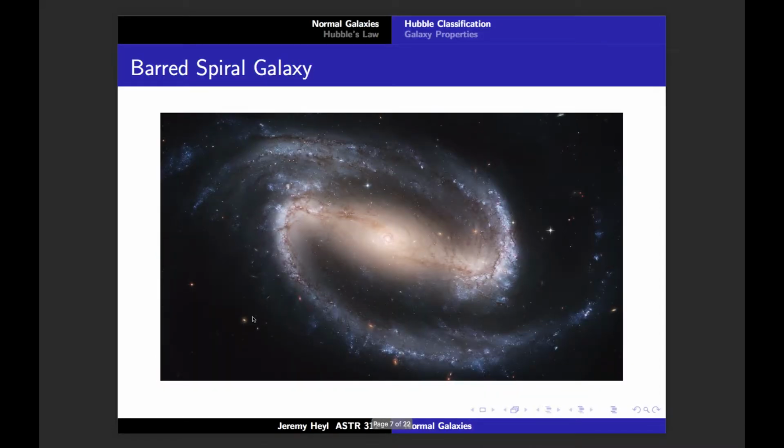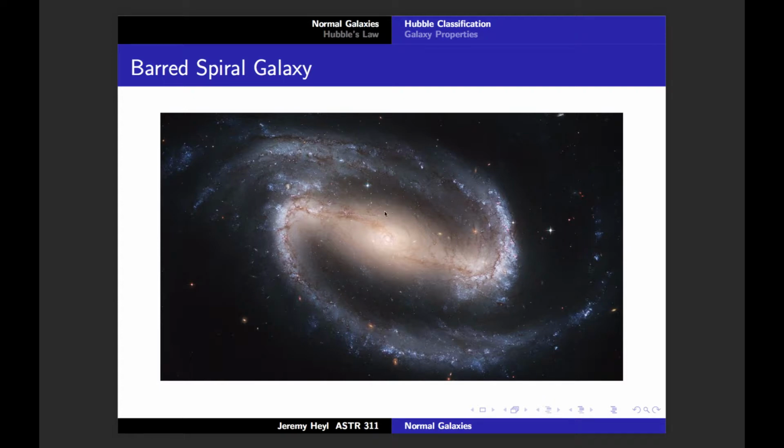Okay? So here's another type of spiral galaxy that looks a bit different. Wow, it was worthwhile shutting off the lights. This is a barred spiral galaxy. So you can see the central region, we have a region of stars that essentially looks like a bar. The bar is different from the bulge.